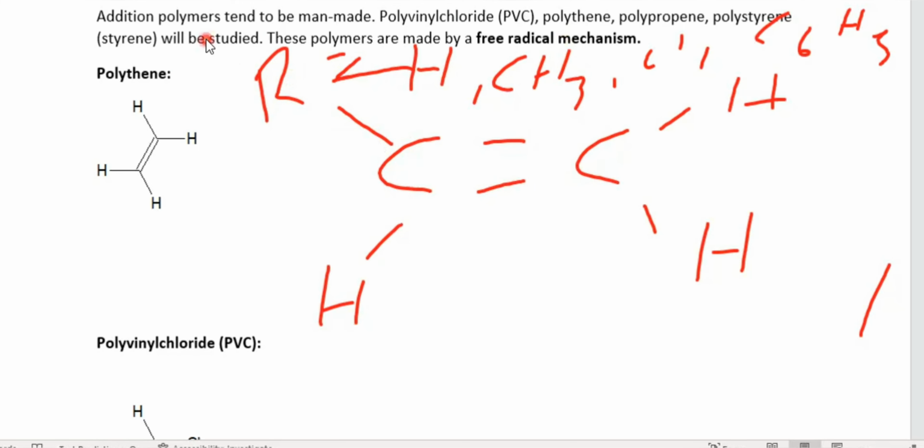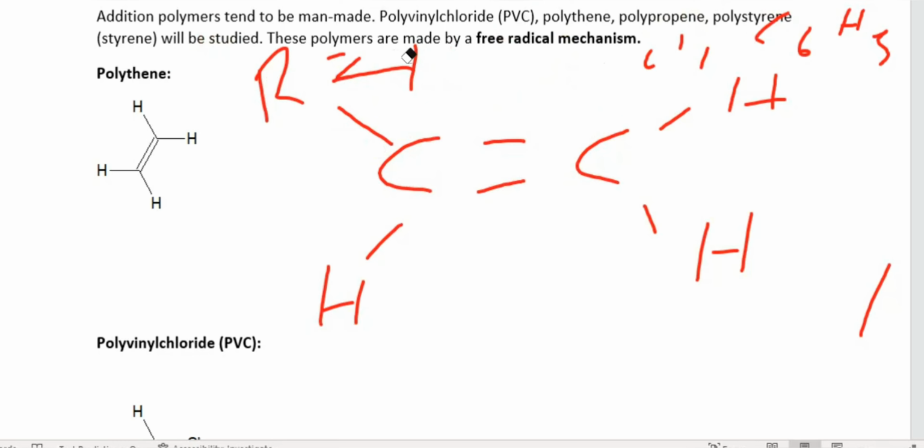So you know that is propene, and so you would make polypropene. If R is Cl, so if you switch out R and R becomes Cl, then what you're going to end up with is PVC, polyvinyl chloride. So your monomer would be vinyl chloride, and when you polymerize it, it becomes polyvinyl chloride.